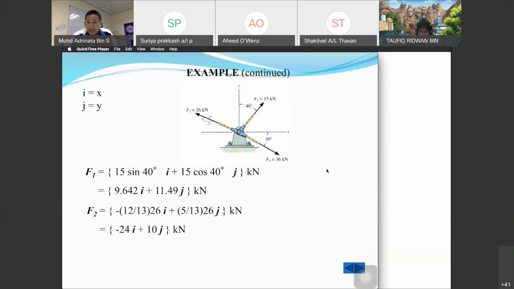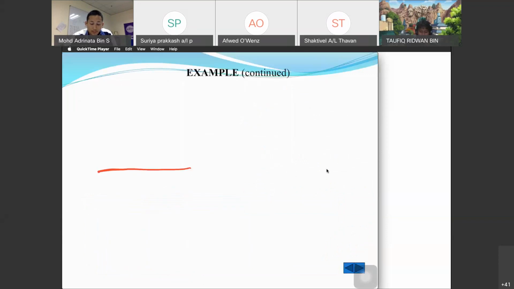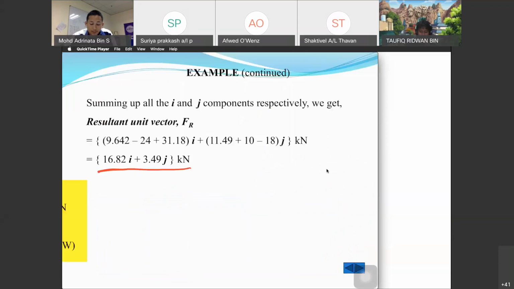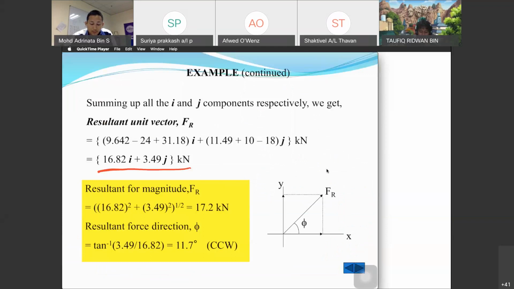Okay, if there are questions, just unmute and ask. Alright, so this is an example for Cartesian. You should get the same answer for theta.